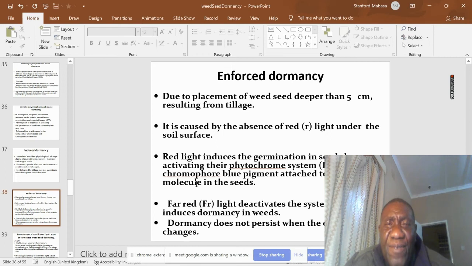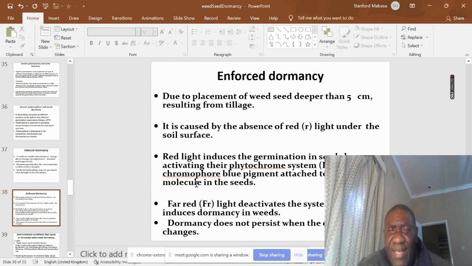Now the enforced domains. Now this can be due to placement of weed seed deeper than 5 centimeters, resulting from probably tillage. It is caused by the absence of red light under the soil surface.